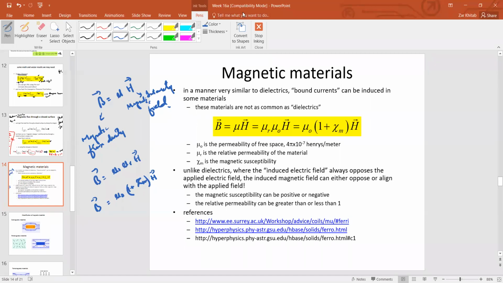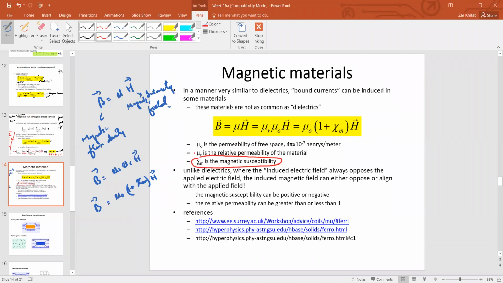Previously we had the electric susceptibility, now we have the magnetic susceptibility. This zeta m is the magnetic susceptibility.